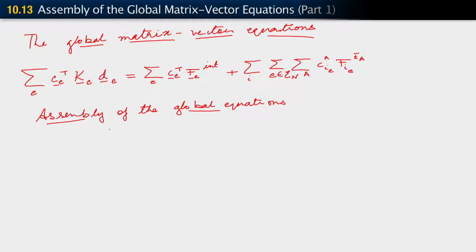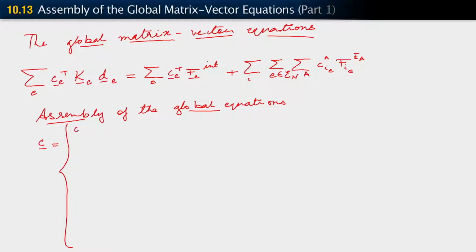And in order to see how that works out, we are guided by our global definition of the C and D vectors, right? So let's start out with the global C vector, right? That is C, and the way it is defined is the following. We start out by following the global nodes, right?